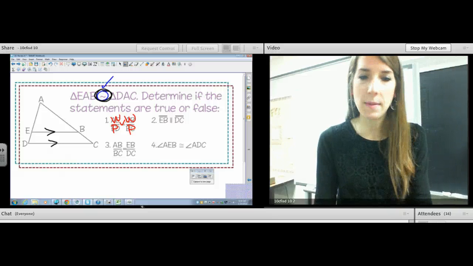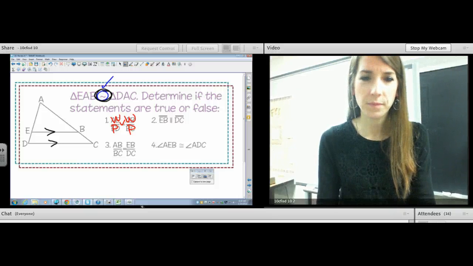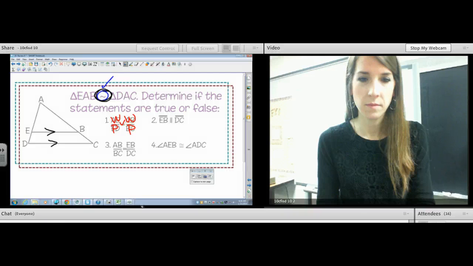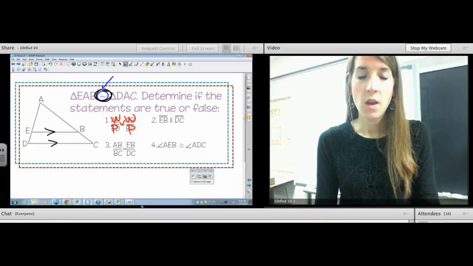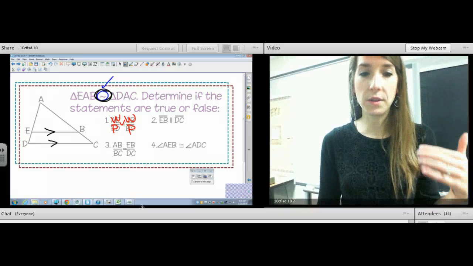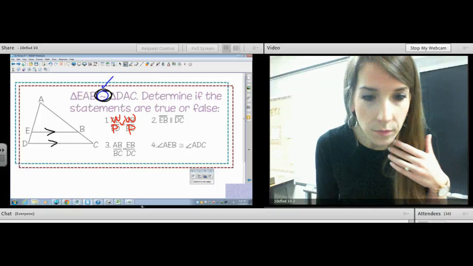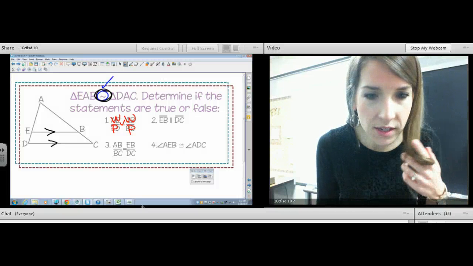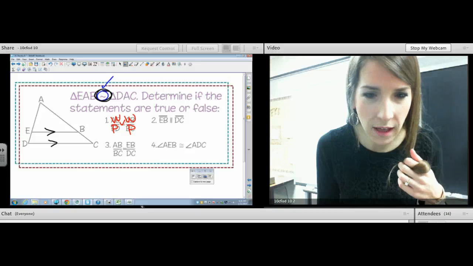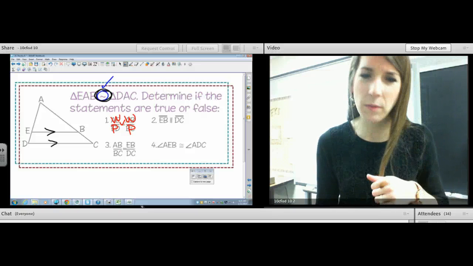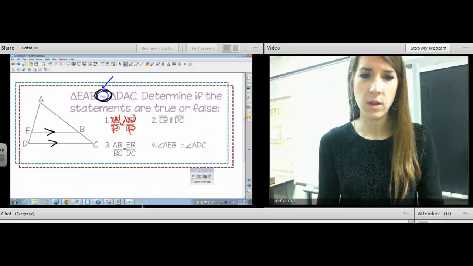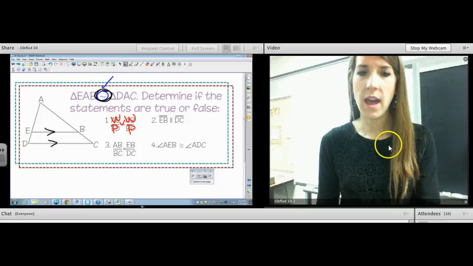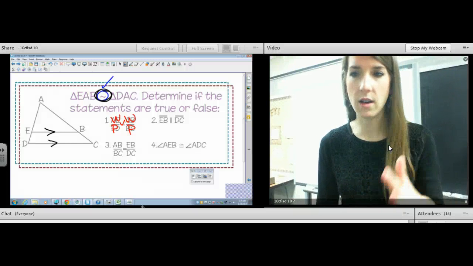No, lines can't be similar. We agree that if those two triangles are similar, the angles aren't similar. Wait. Angles are never similar. Angles can't be similar. Angles are either congruent or not congruent. Yeah, okay.